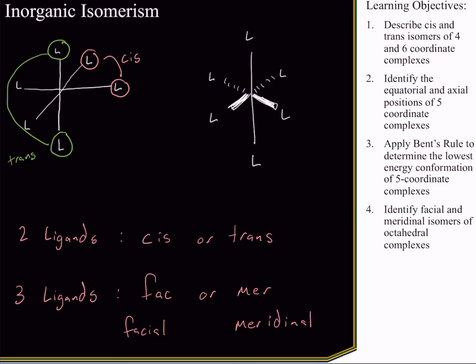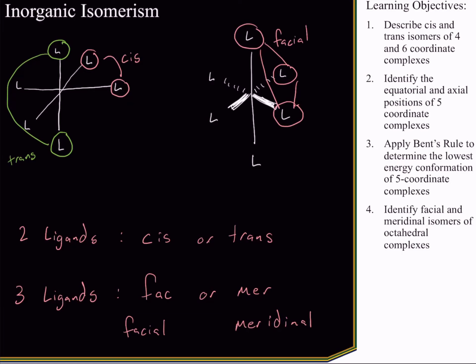These again are describing the location of 3 ligands on our given complex. If they form the face of the octahedron, and octahedron comes from an 8-faced object, so if we connect these 3 ligands and they form the face of an octahedron, this is our facial isomer.